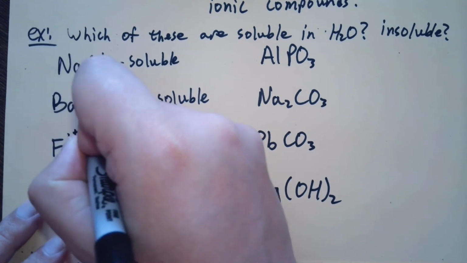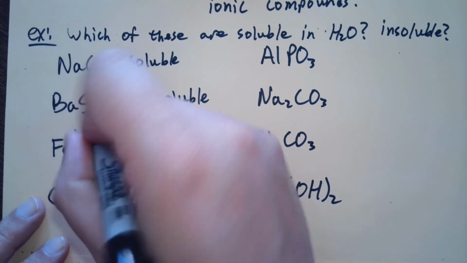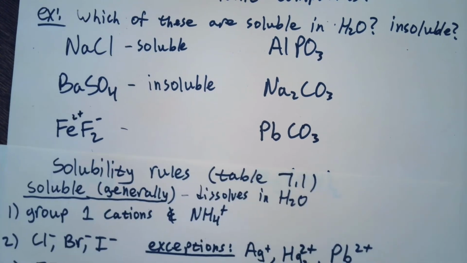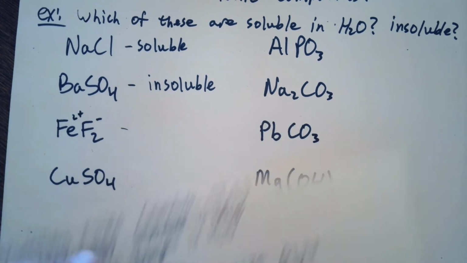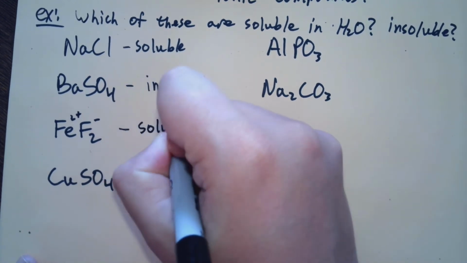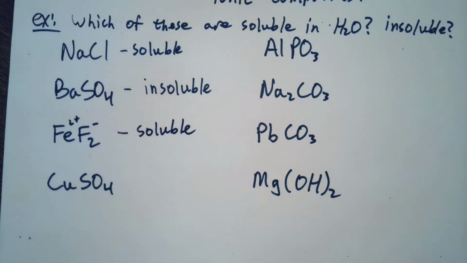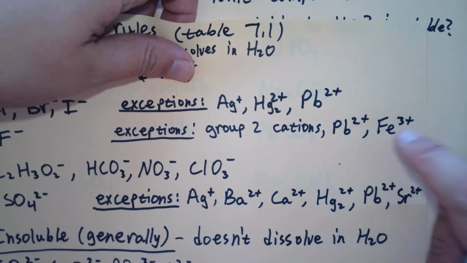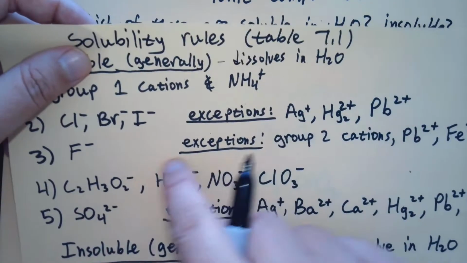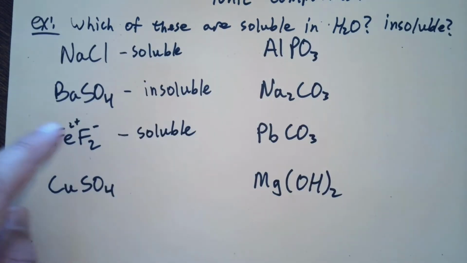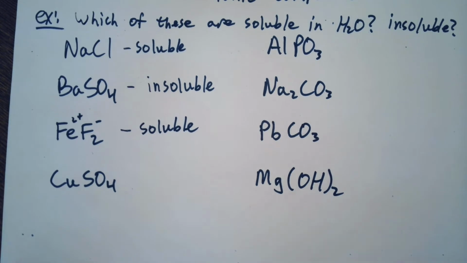That's the 2 plus, right? Because I've got 2 minuses here. So that's not iron 3 plus. So it's soluble. I might have got a little cute there. The charges matter. When they say iron 3 plus, they mean iron 3 plus, not iron 2 plus. So this is not an exception to the rule. Generally F minus is soluble, therefore this is soluble.